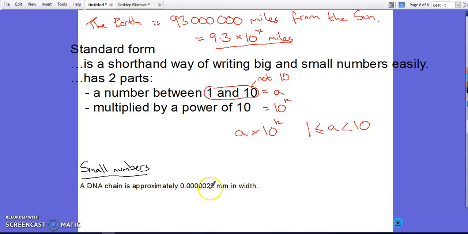But I'd need to multiply this by a very tiny number to get the decimal point back to here. So I'd need to actually divide it by a power of 10. So 1, 2, 3, 4, 5, 6. So this would be the same as 2.2 divided by 10 to the power of 6. But of course we know that dividing by a power of 10 is exactly the same as multiplying by a negative power of 10. 2.2 times 10 to the minus 6.